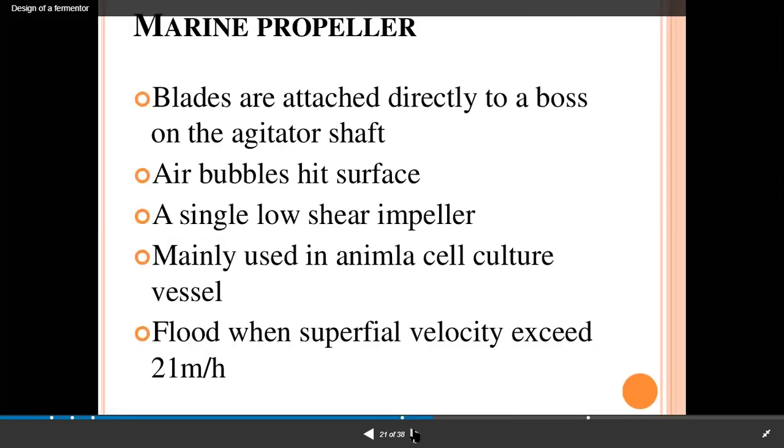Then marine propeller. Blades are attached directly to a boss on the agitator shaft. Air bubbles hit the surface. A single low shear impeller mainly used in animal cell culture vessels. Flooding occurs when superficial velocity exceeds 21 meters per hour.